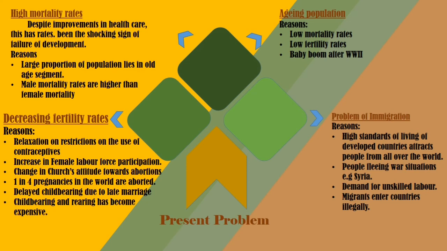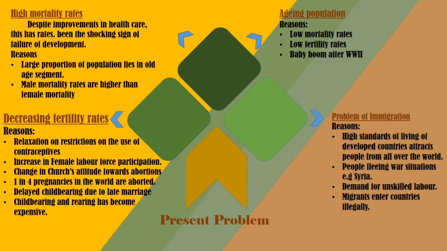This can be due to the high standards of living of developed countries that attract people from all over the world, or people fleeing war situations such as that of Syria, or because of the demand for unskilled labor in these countries, and or the migrants enter these countries illegally.